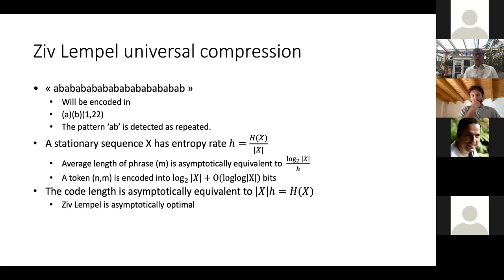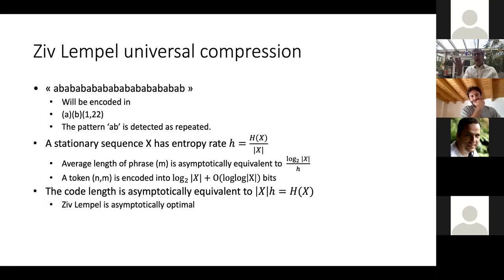Now to look more at the performance of this algorithm, we call the entropy rate basically the ratio between the entropy of the text and the length of the text. And we consider that when the text increases, it tends to be constant, to simplify. Using scientific analysis of algorithms, we find the average length of a phrase.